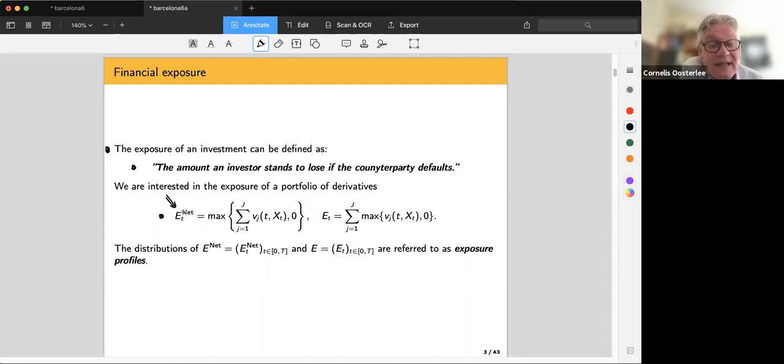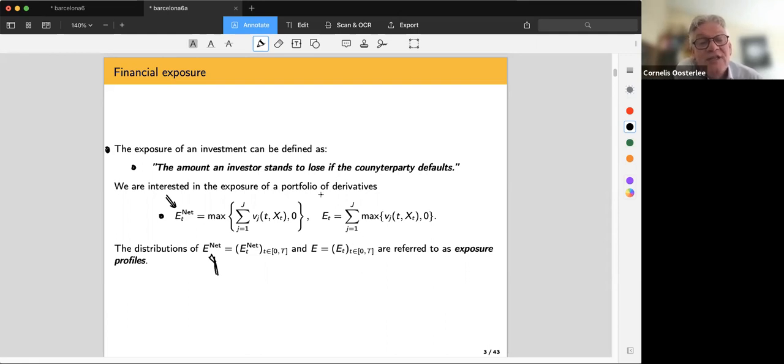And that is the netted exposure. And it's clear that here there can be negative exposure. So this is typically less than or equal to this one. And then the distributions of the netted exposure over time, and the regular exposure, these are the exposure profiles.